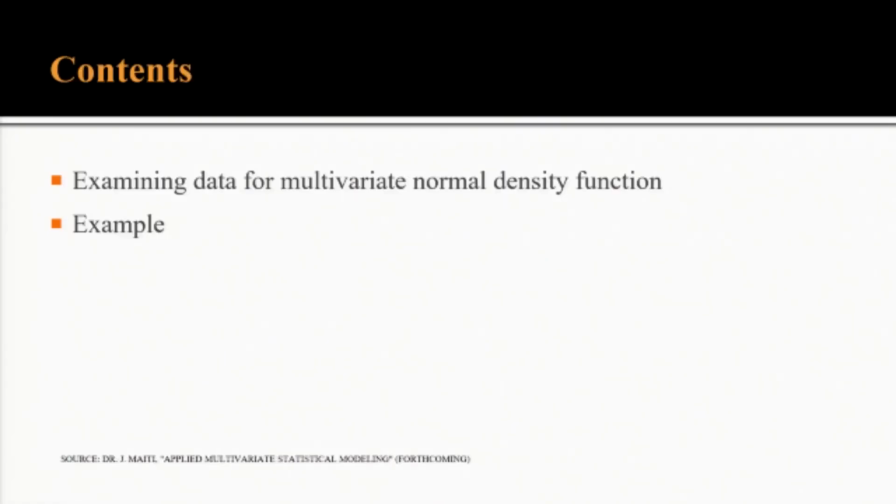You will be happy to fit the normal density function, and with an example we will see what tools and techniques are available for checking or examining whether the data is coming from a multivariate normal population or not. Let us see the next.